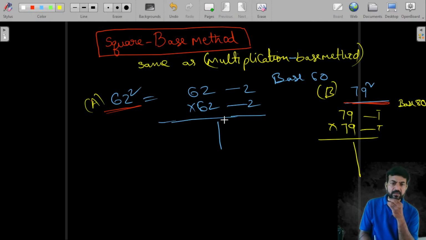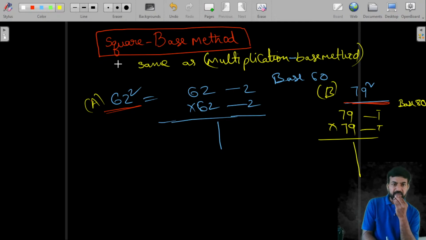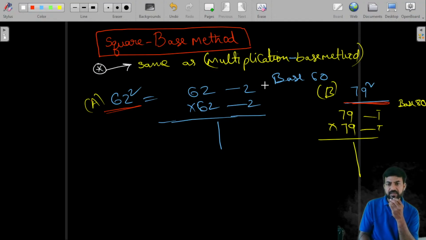So in two parts. Do this. Remember, same as the multiplication base method. You have learned it yesterday and the day before yesterday.